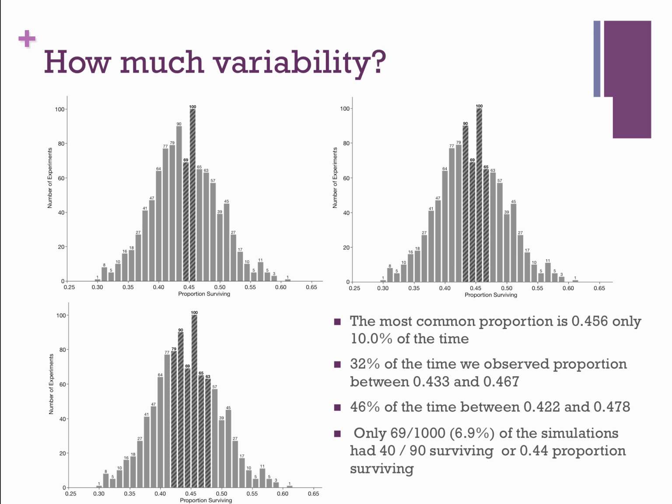It is interesting to note that only 69 out of 1,000, or 6.9% of the simulations, had 40 out of 90 surviving. That was our 0.444, or rounding, 0.44. So only 69 out of the 1,000 simulations did we see a number that matched or closely matched our null hypothesis. So what do we do with this information?